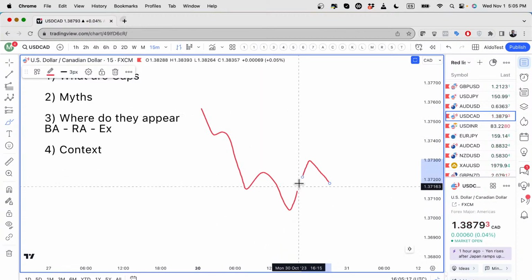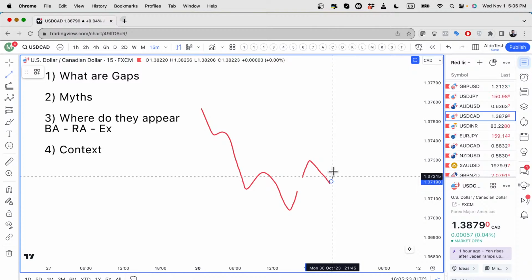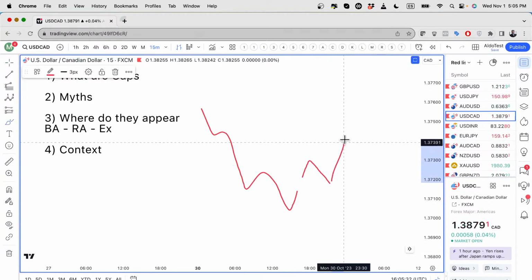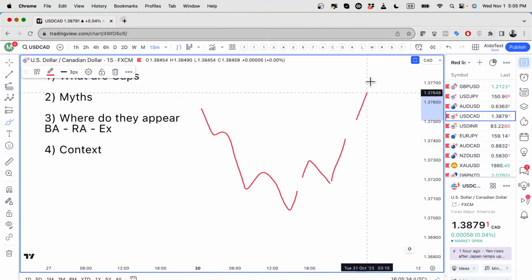Let's say that this structure to the downside is complete, and now we had a gap there. Now, if the trend continues moving, then another gap may appear.